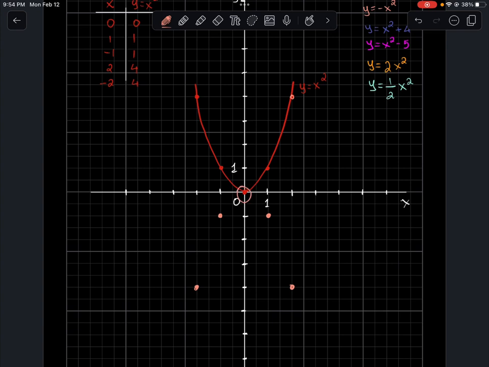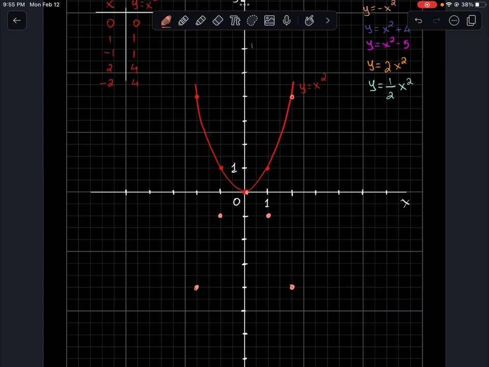Now what happens to the vertex? The vertex is on the ground, so it's not going to be affected by a flip. It stays on the ground. What happens to the axis of symmetry? Well, it's gonna remain the same axis of symmetry, because you flip a vertical line vertically, you're still gonna have the same line.